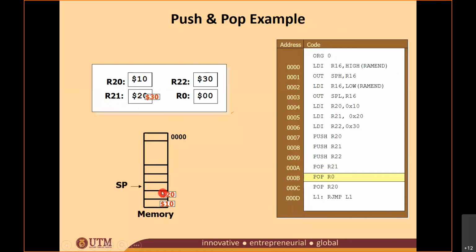So ambil value 20 dalam stack, letak ke R0, and stack pointer incremented by 1, and pop R20. So what happened? Ambil value 10 dalam stack, letak dekat R20, and stack pointer is incremented by 1. So this is another example lah how the push and pop works.